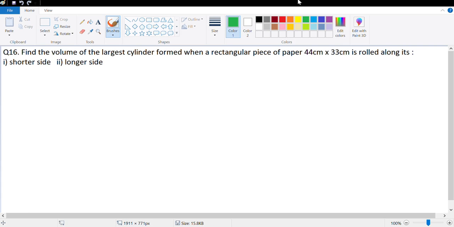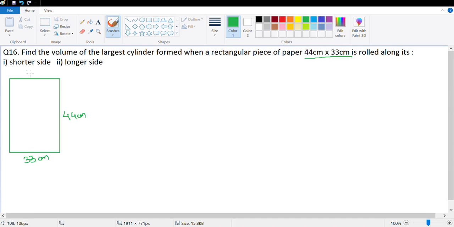Question number 16 says, find the volume of the largest cylinder formed when a rectangular piece of paper 44 centimeter by 33 centimeter is rolled along its shortest side. So this is basically the piece of paper. This is 44 centimeter and this is 33 centimeter.